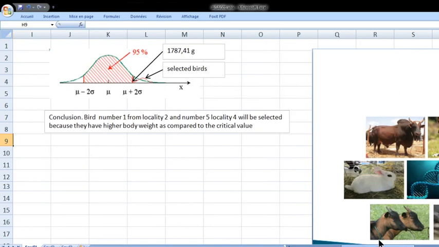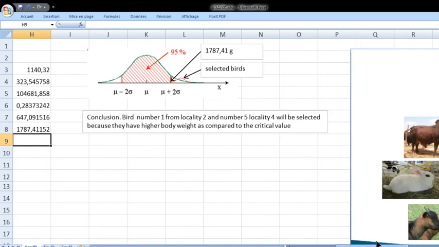Now if we go back to our diagram, our normal distribution shape or curve, we realize here that this is our selected population, and the least to be selected must have the critical value here presented.